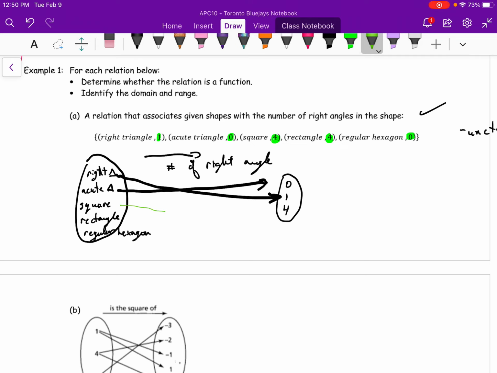A square has 4. A rectangle also has 4, and a regular hexagon has 0. So what we see is that every element in the first set maps into one element of the second set.